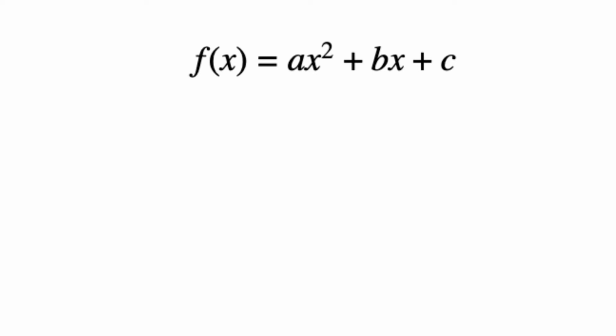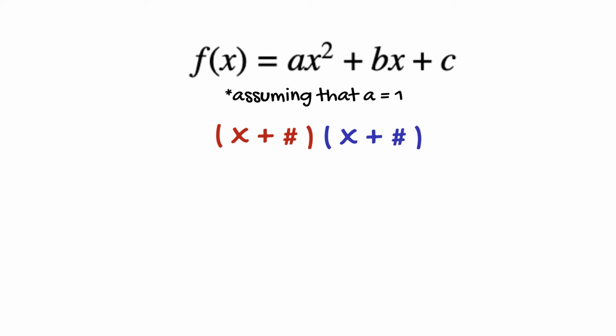Well, if we look at the function in standard form, f of x equals ax squared plus bx plus c, we have to know that this standard form can be broken down into two factors, x plus some number times x plus another number. As long as a is equal to 1, we know that we're going to have x plus some number times x plus another number.